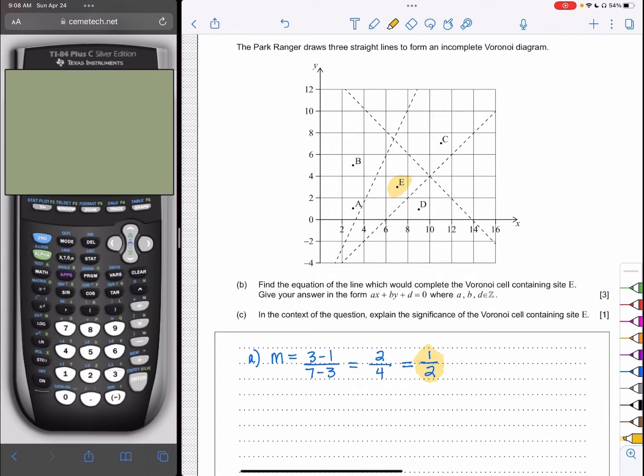So that means I need to find my midpoint between AE.